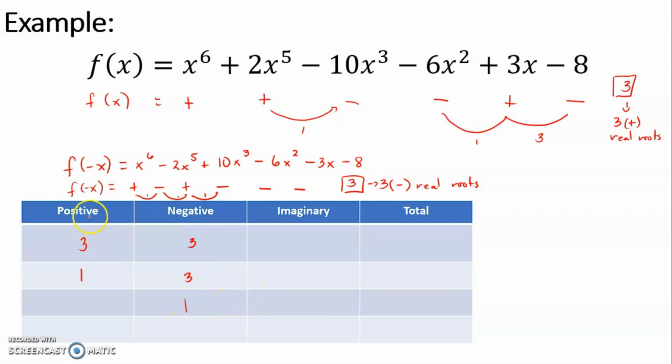Okay, now what will I write for the positive number? I will just simply copy 3 and 1.